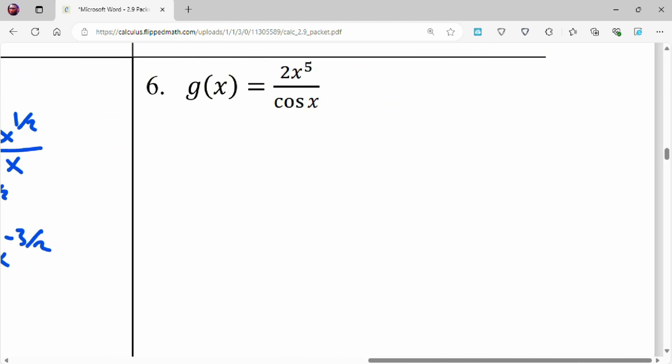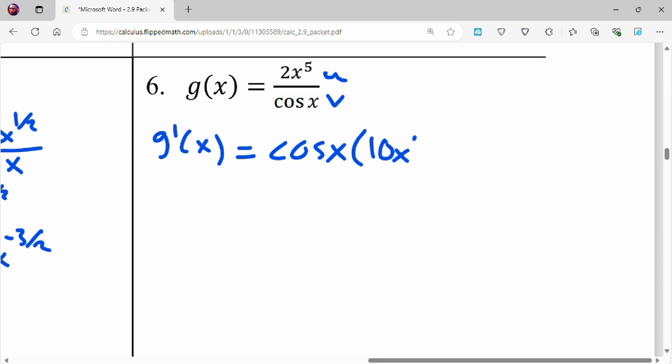Okay, next question. g of x equals 2x to the fifth over cosine x. So here we do have quotient rule. So v and u. g prime of x equals v u prime minus u v prime.